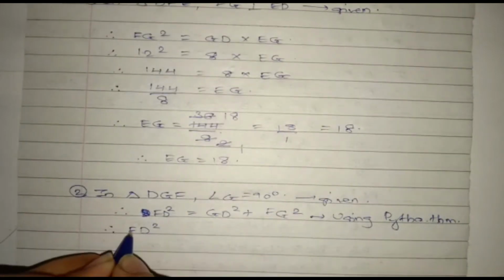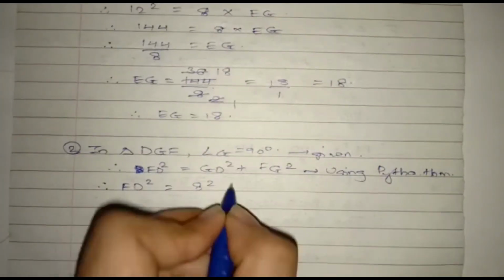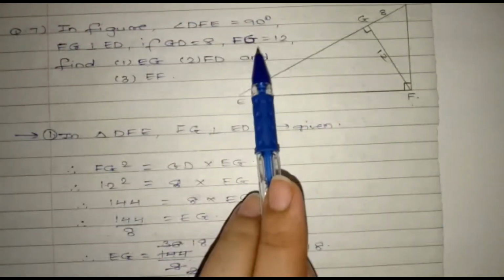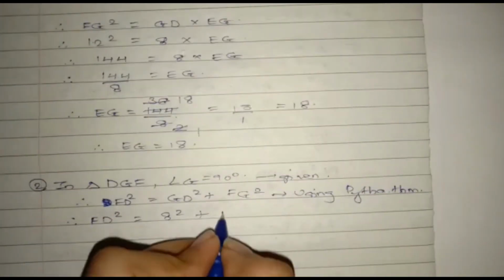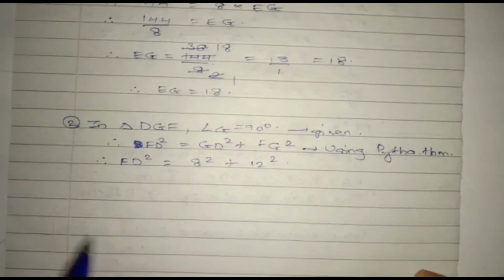Therefore FD square is equal to GD square, GD is already given, that is 8, plus FG square, FG is also given as 12. So FD square is 8 square plus 12 square.